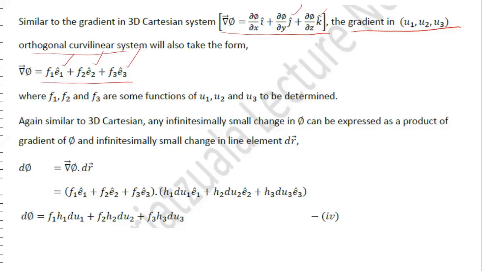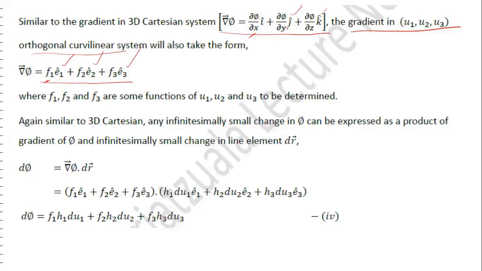We don't know the form of the coefficients, so we will simply write them as f1, f2, and f3. In the 3D Cartesian system, the coefficient of i cap is del phi upon del x and the j cap coefficient is del phi upon del y.